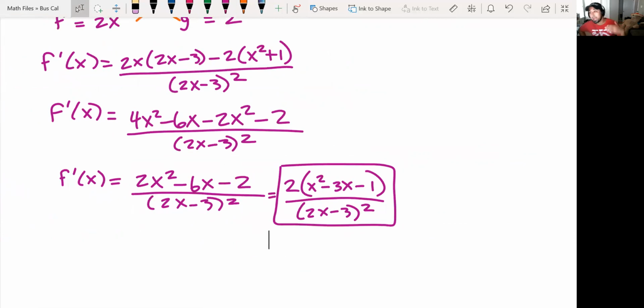And that's it. We can't do anything else with it. x squared minus 3x minus 1 is not factorable because there are no factors of 1 that can make 3.